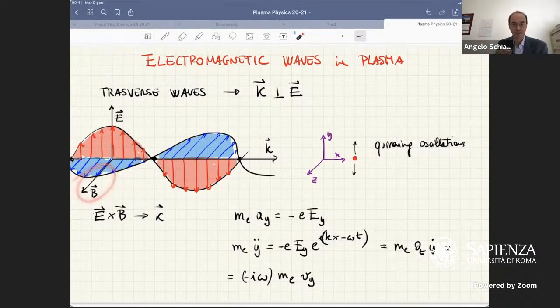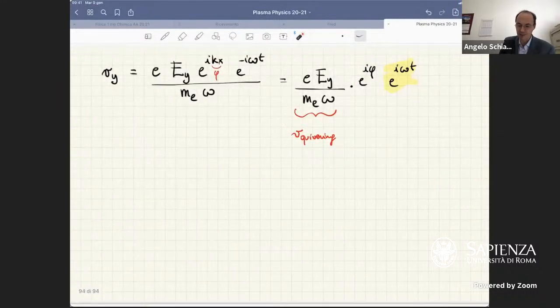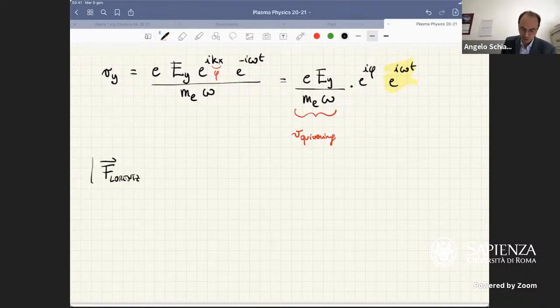So in order to neglect this contribution to the actual motion, which would become even more complicated if the amplitude of the quivering velocity increases, we are requiring that we can neglect the Lorentz force. We want to be sure that we can neglect the modulus of the Lorentz force with respect to the intensity of the Coulomb force acting on the electron.